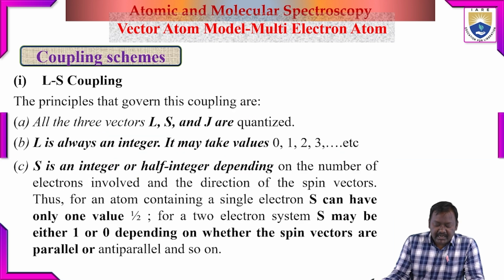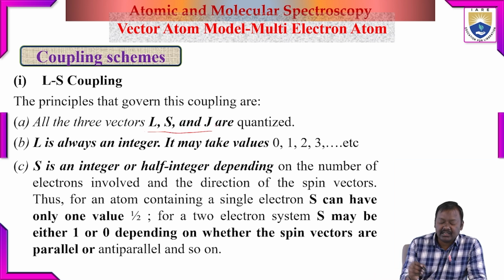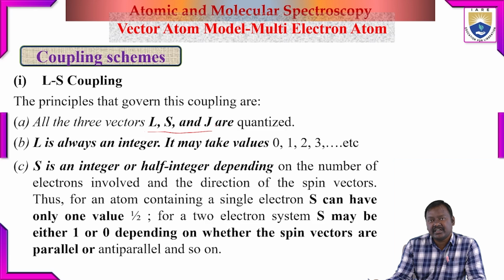So this LS coupling scheme is governed mainly by these principles. What those principles are: all the 3 vectors, L, S and J are quantized. So these are the basic principles followed by LS coupling.